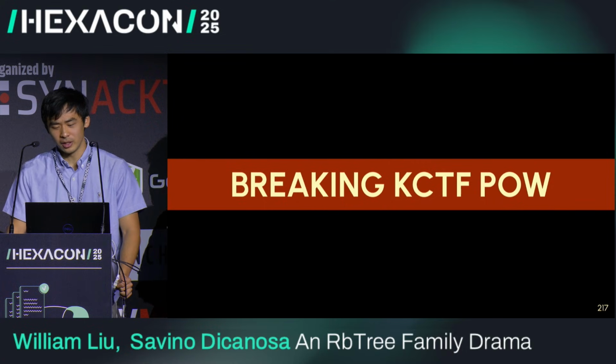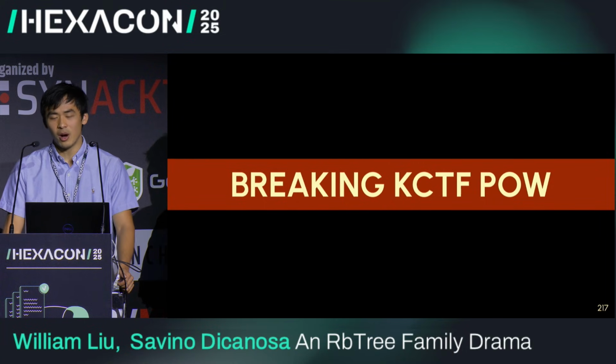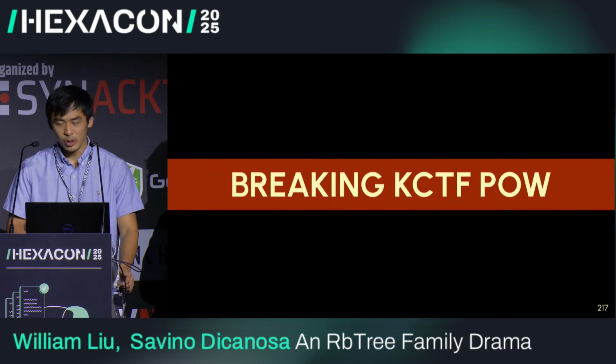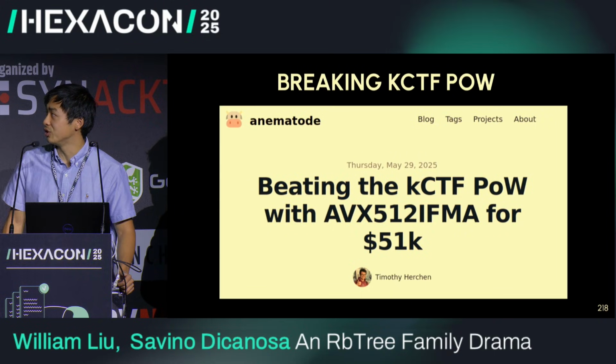They basically implemented a sloth VDF proof of work system, and the modulus they used actually allowed for a lot of simplifications that cut it from 5 seconds to 3-ish seconds. But we wanted to get it even faster. You can read more about it in our teammate Timothy Herchen's blog.